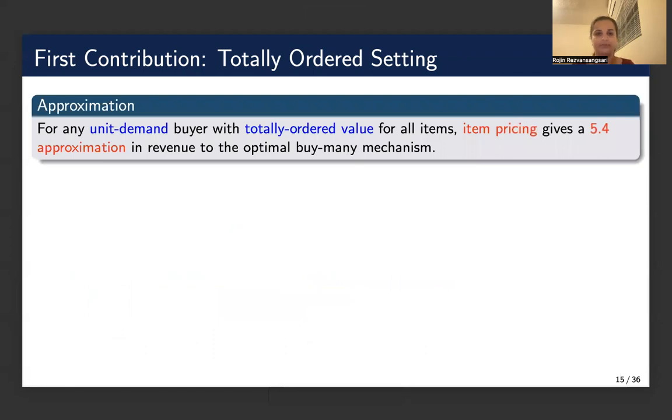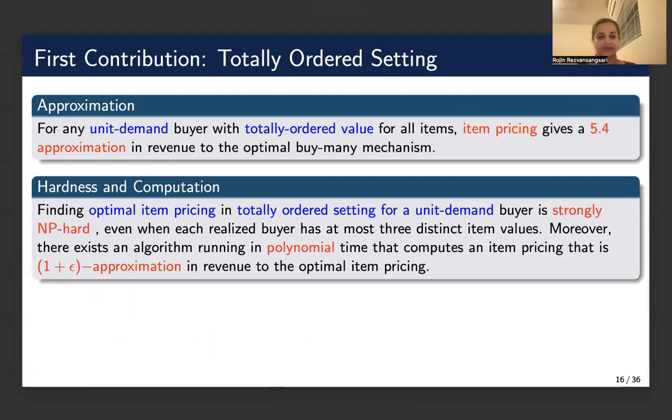So what are the results for the totally ordered setting? First of all, we have shown that for a unit demand buyer in this setting, item pricing gives a constant factor approximation to revenue. So we're moving from the log n factor approximation to a constant factor approximation. Regarding computation, first of all, we know that finding optimal item pricing is strongly NP hard, even when each buyer has at most 3 distinct values.